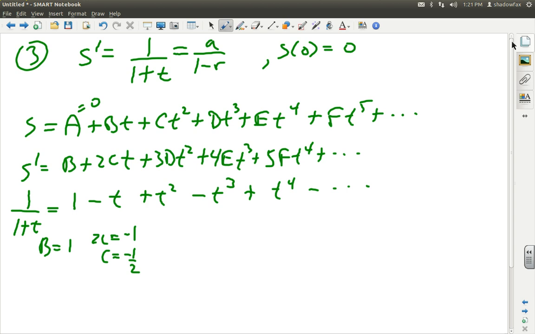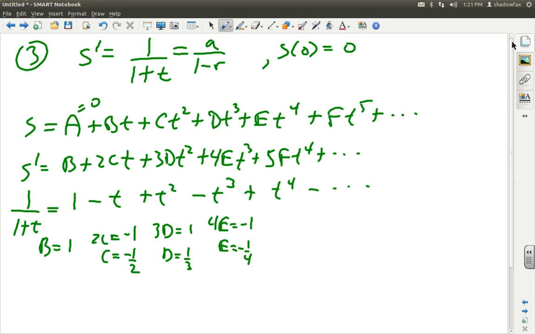And 3d, the coefficient in front of t squared, equals 1, so d is a third. And the coefficients in front of the t cubed terms of the last two expressions have to match, so 4e equals -1 makes e equal to -1/4. Notice these denominators are not factorial.